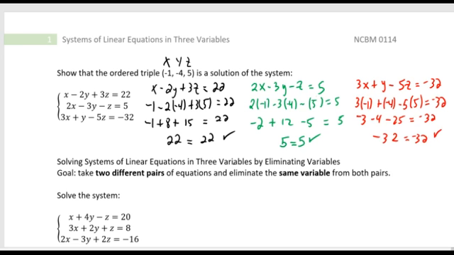So this also satisfies the equation. So since this ordered triple satisfied all three equations, then we say that yes, the ordered triple is a solution to the system.